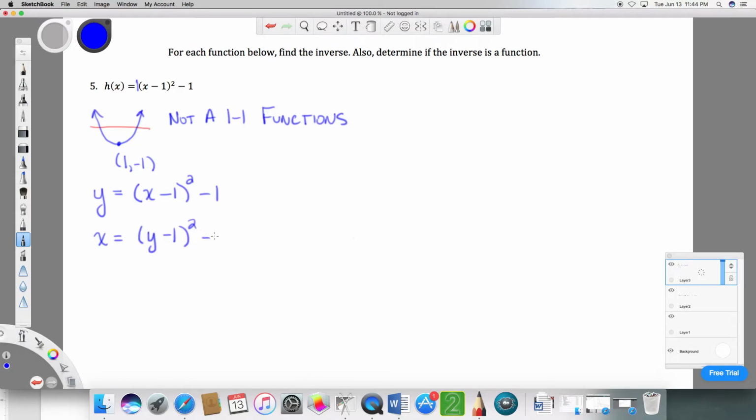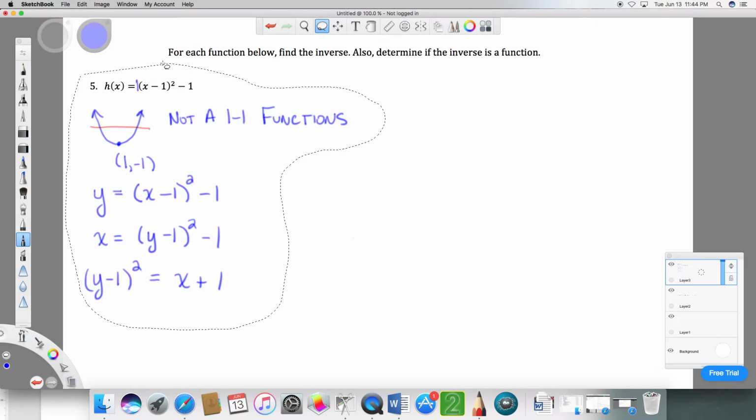So now we want to solve this equation for y. We'll add 1 to each side, and we'll take the principal square root of each side.